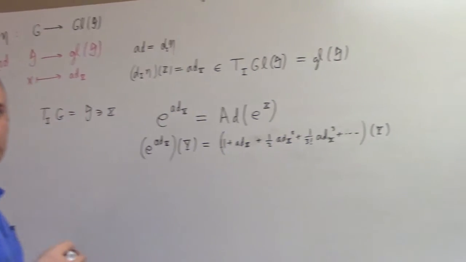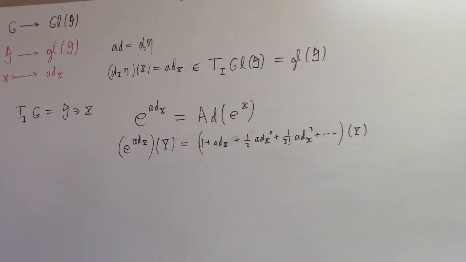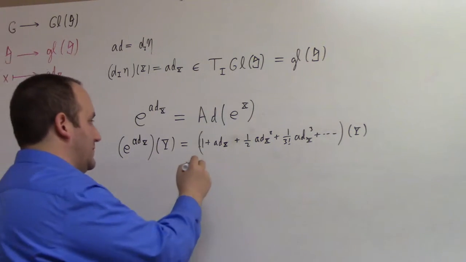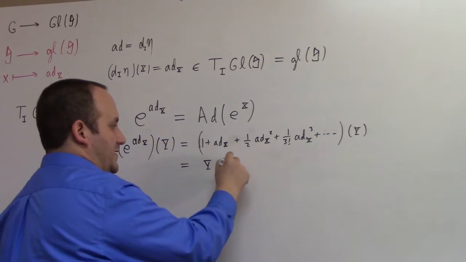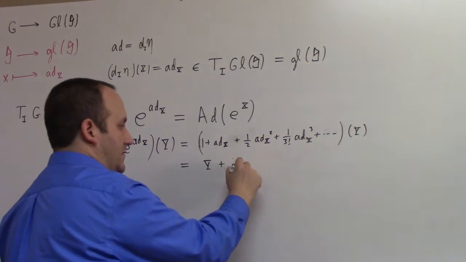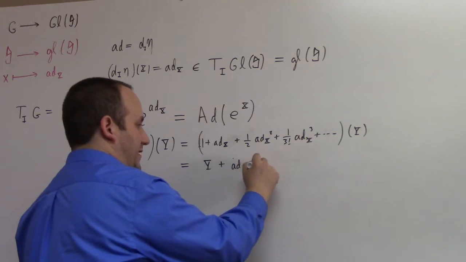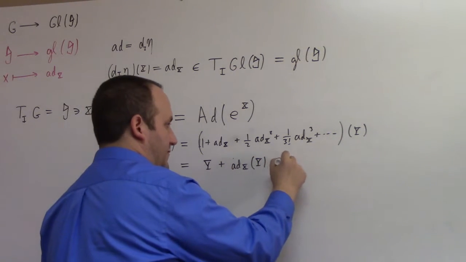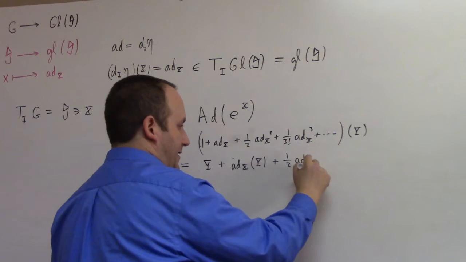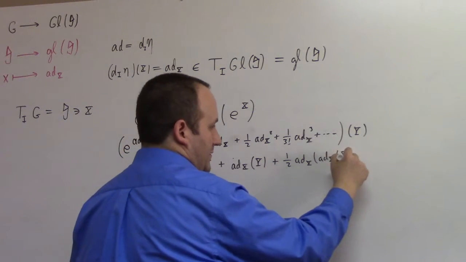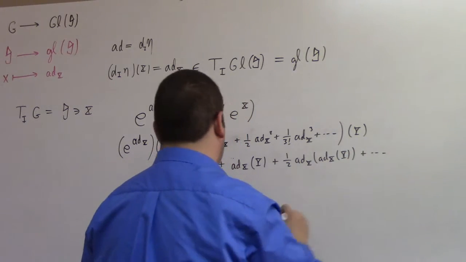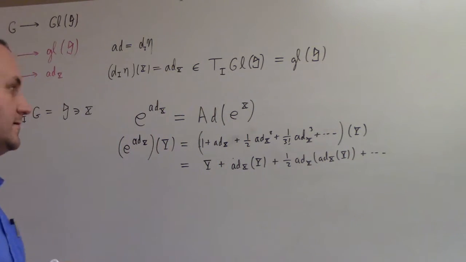Right? And so that would actually mean what? It would be something like y plus the ad x of y, plus 1/2 ad x of y, and so forth, right? Whatever that is.